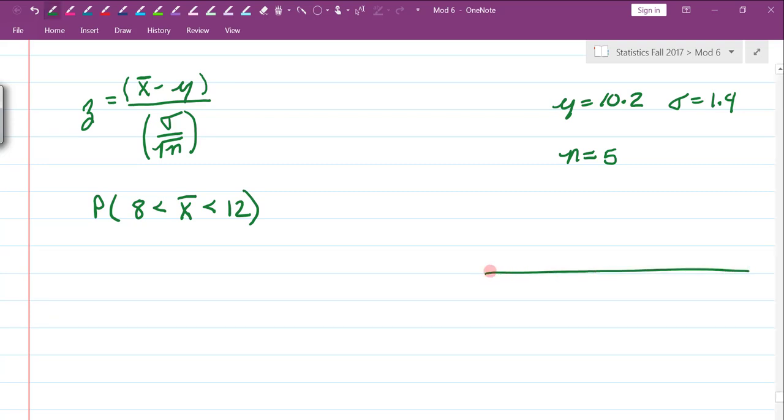We put our mean in the center, 10.2. We're going to put our x bars, our sample means. We want to know what's the probability that a sample mean of our 5 fish will equal between 8 and 12. That's our sample mean. We're going to shade in the area of interest.